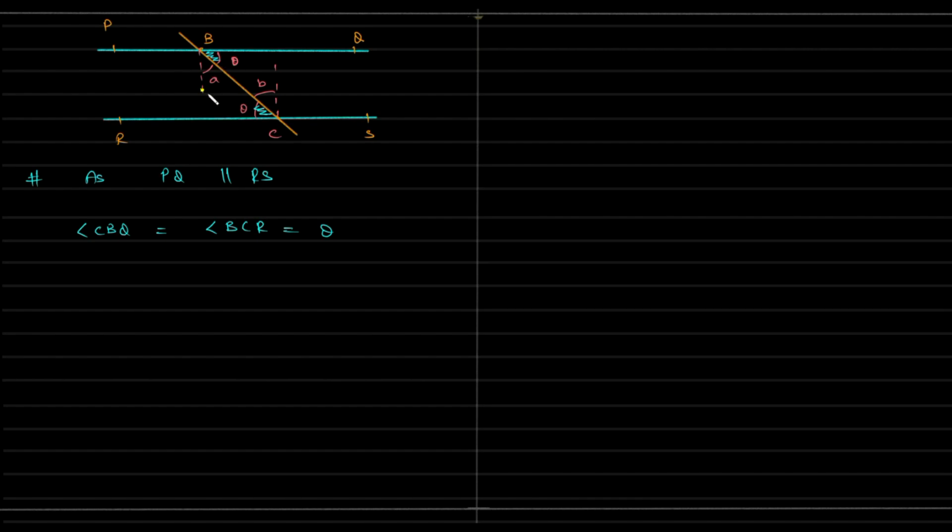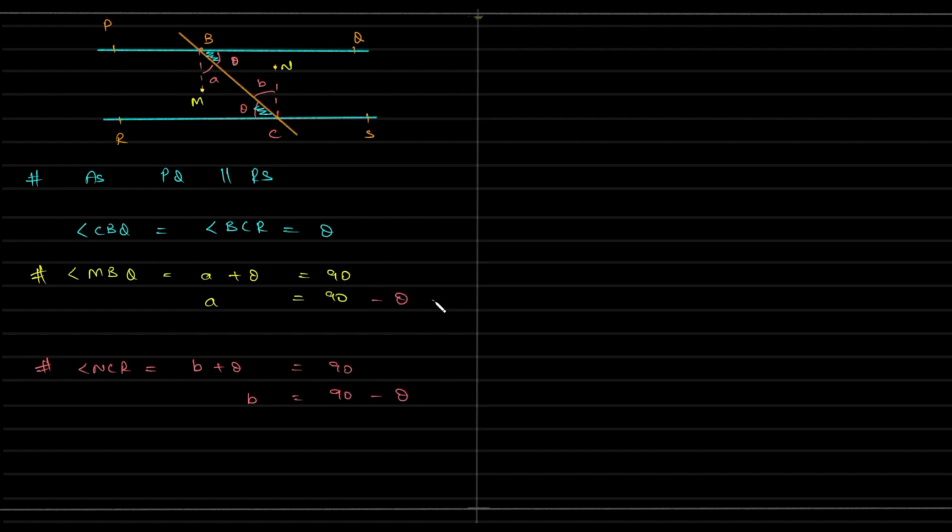Then we are calling these M and N. So angle MBQ, which is A plus theta, is also equal to 90 degrees, right? So A will be equal to 90 minus theta. Then we have angle NCR, which is B plus theta, which is equal to 90 degrees. They are perpendicular, is it not? So B is equal to 90 minus theta.